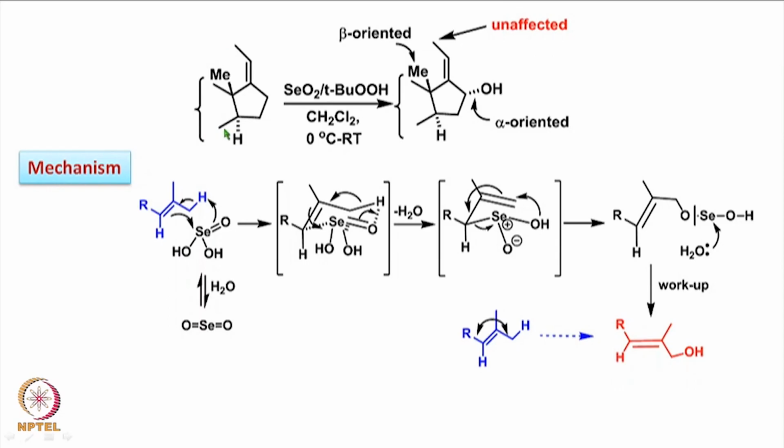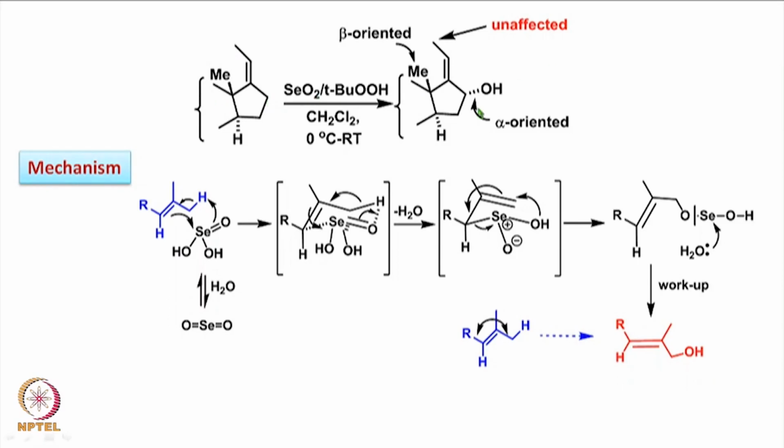For example, if we take a case like this, where there is a cyclic substrate having two different types of hydrogens. One is this allylic hydrogen here, which is not a part of the ring. On the other hand, these allylic hydrogens are part of the ring, and as one expects, based on one of the rules, that the oxidation occurs in the cycle rather than on the side chain, the oxidation would occur here with selenium dioxide.